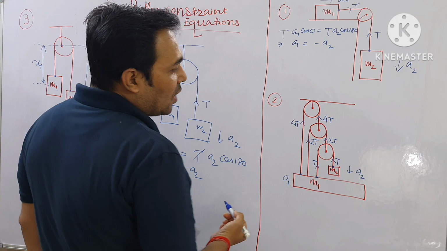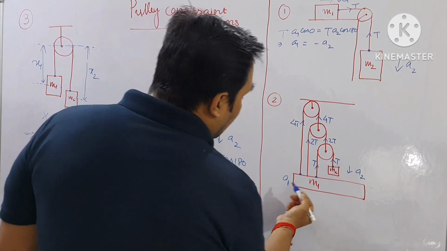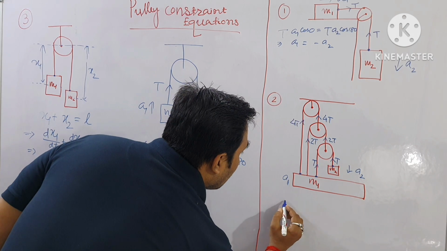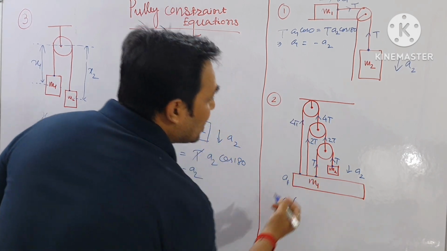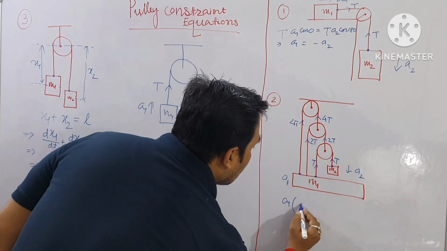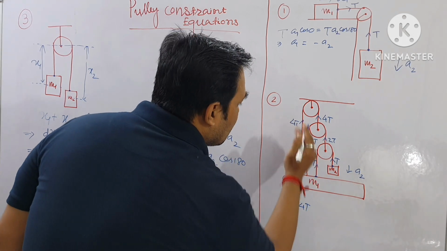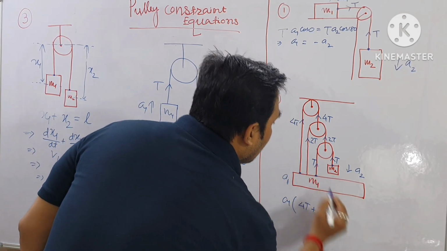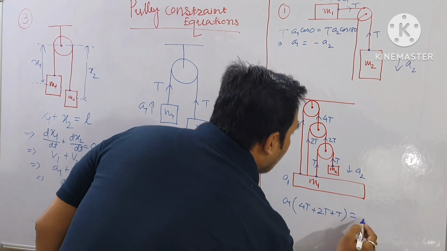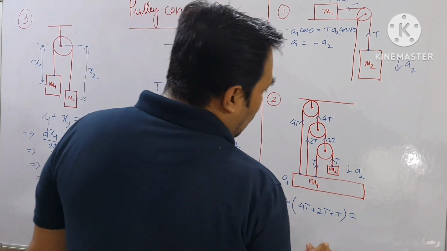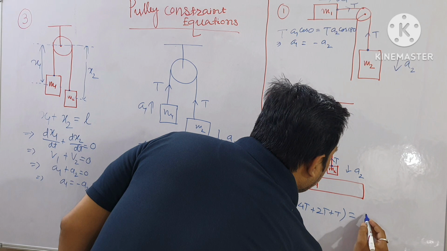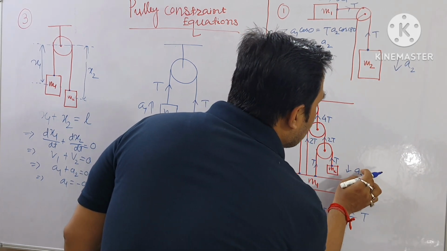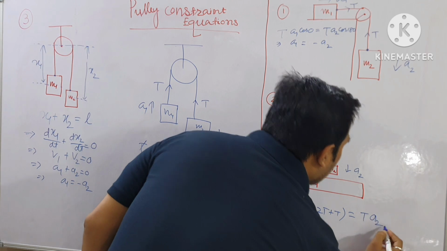Now students, see what is the work done on this block M1. Suppose you have A1 as acceleration, and what are the tensions? It is 4T in the upward direction, again 2T, again you have T. And on the M2 block, what do you have? You have only T, and on this side you have only A2.